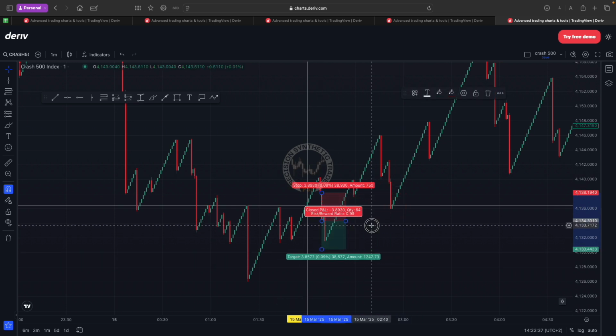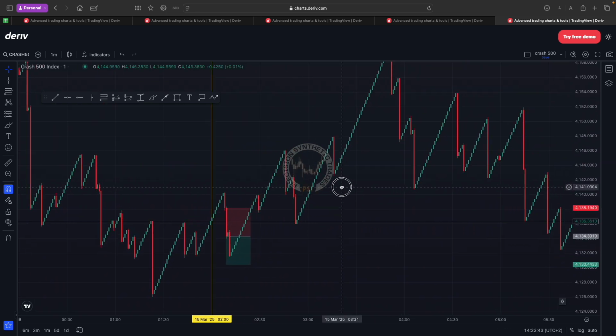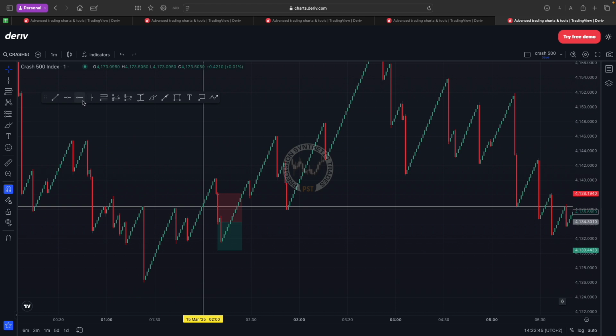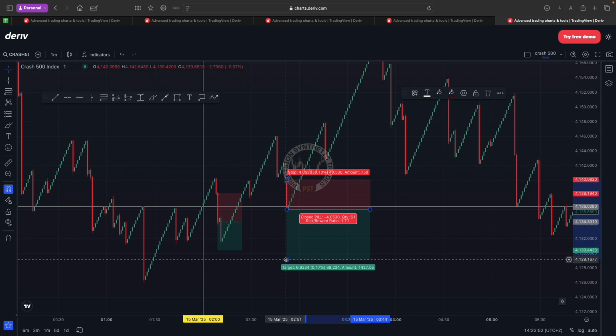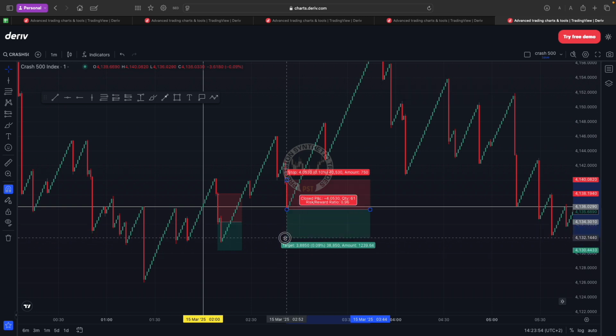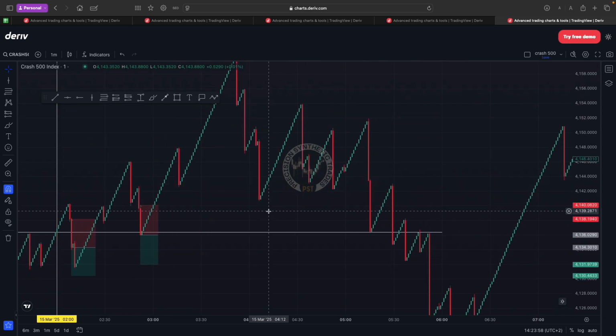There we go. As you can see, we got stopped out. We had a small little spike, but we got stopped out. Then again, we had a candle close. Target a 1-to-1. And again, we got stopped out.